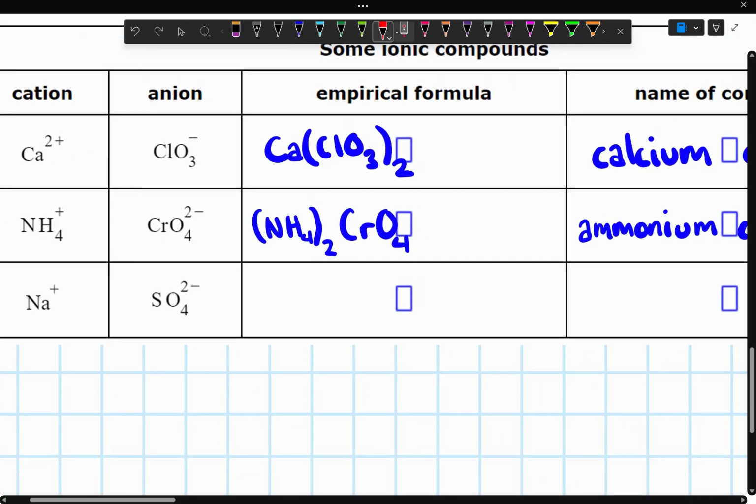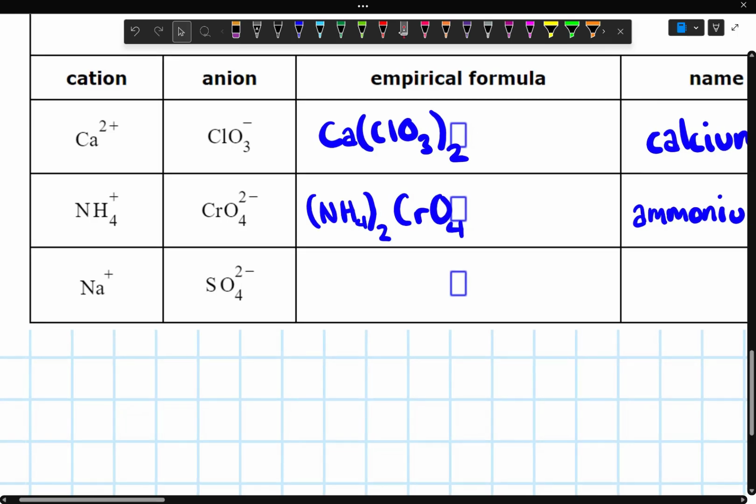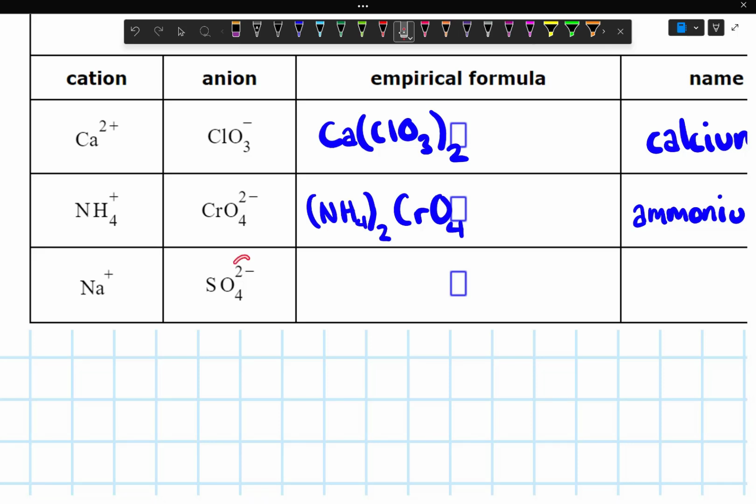And last one we're going to cover here, we have sodium, which is in column 1, and sulfate, which has a -2. Bring the 2 down there, bring the 1 here, and we have Na2. We don't need parentheses because this is just one atom, right?